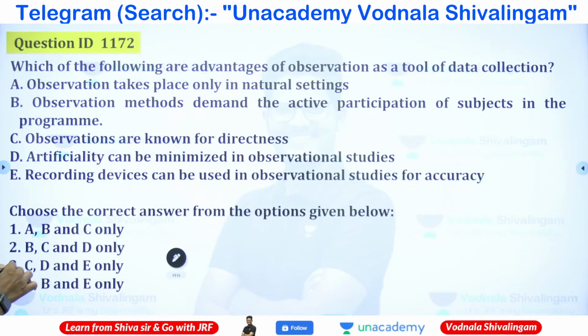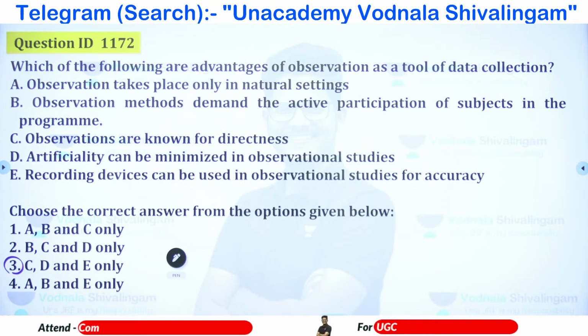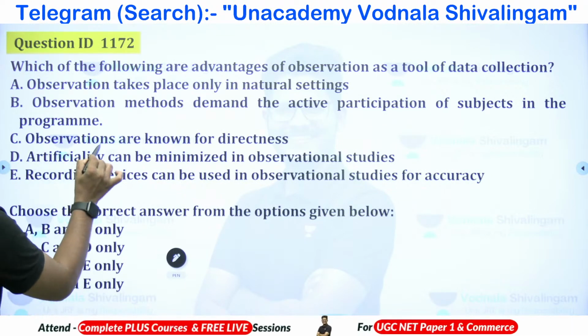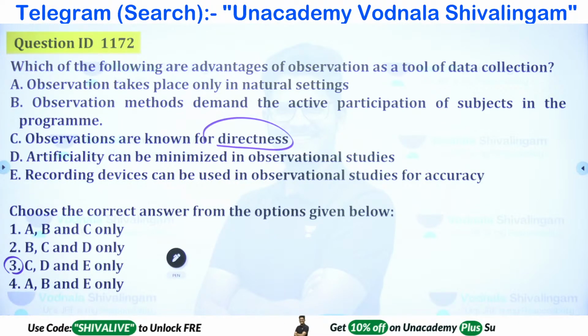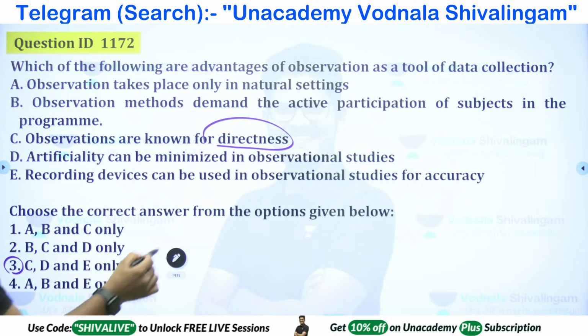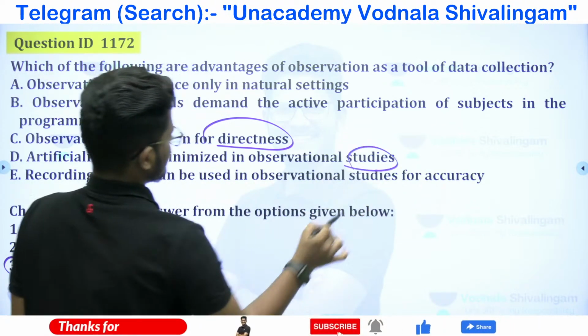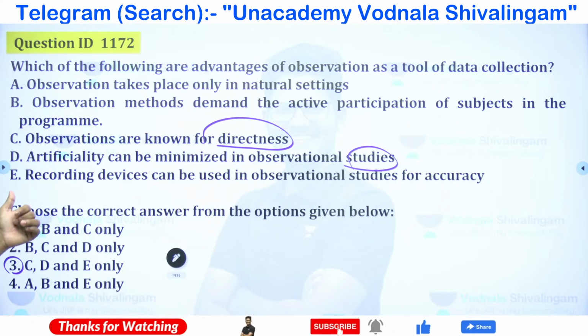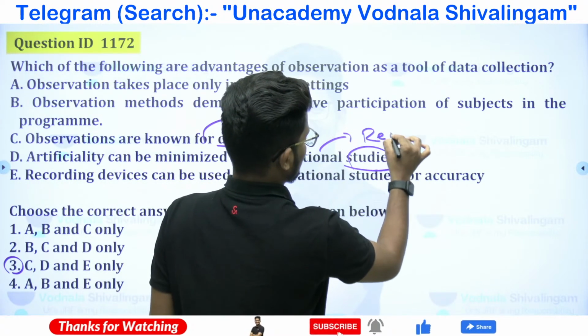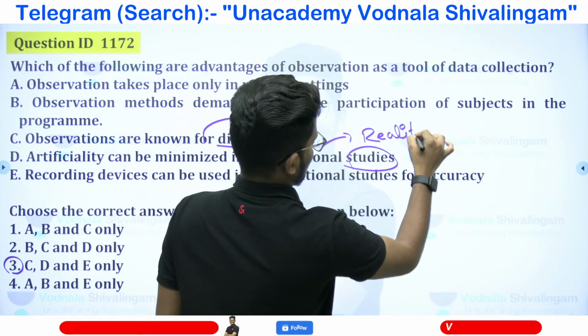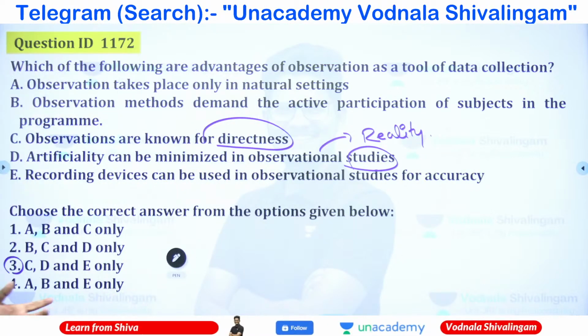Option C is the given answer, C, D. Observation is known for directness, and artificiality can be minimized in observational studies. We can reduce artificiality because observation is nothing but reality. We can reduce it as much as possible.